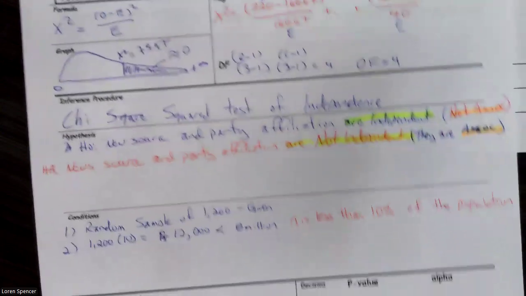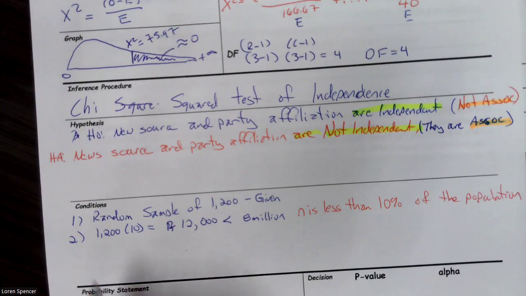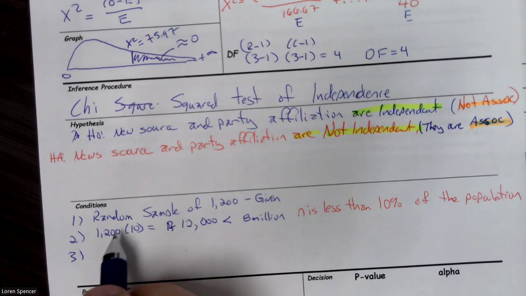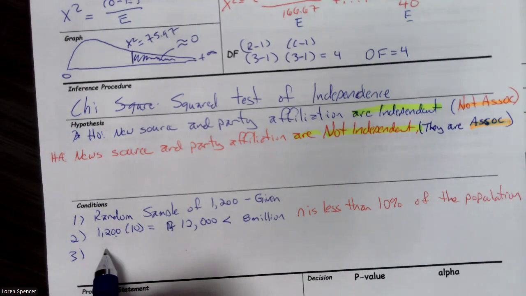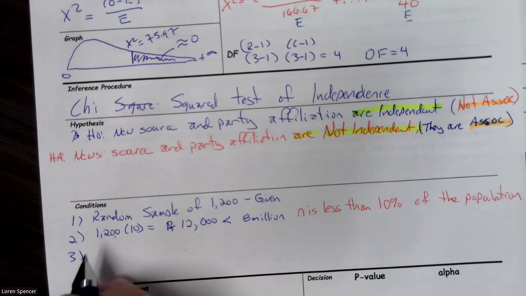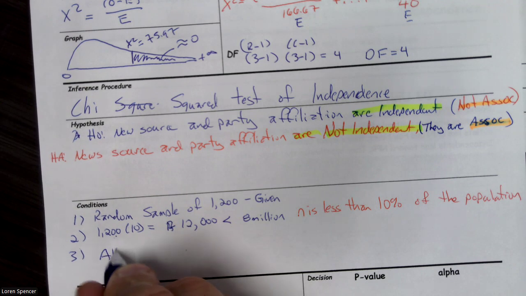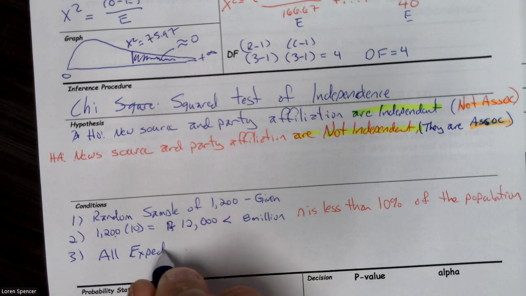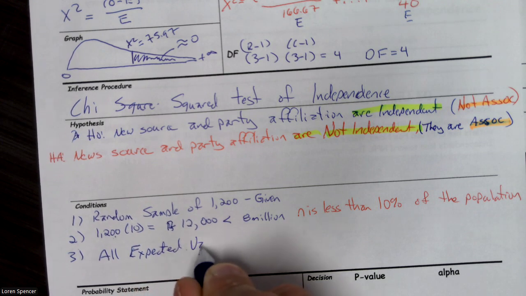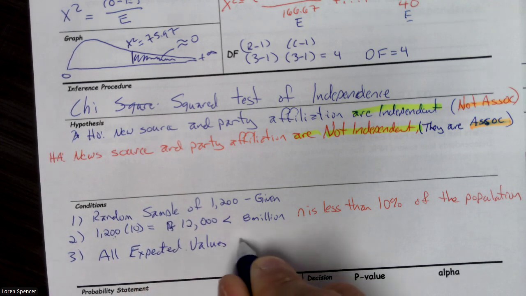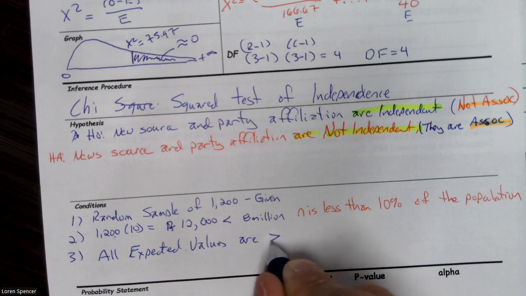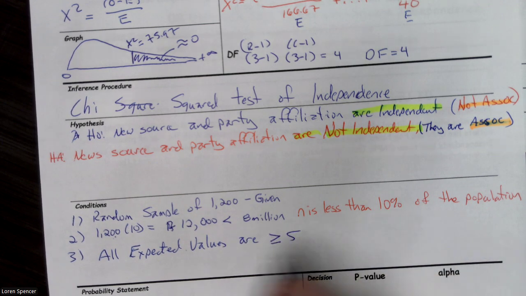All right. Finally, we're on to number 3. We need to make sure, so that one made sure our sample wasn't too big. This is making sure it's big enough. All right, and we do that by saying that all expected values are greater than or equal to 5.